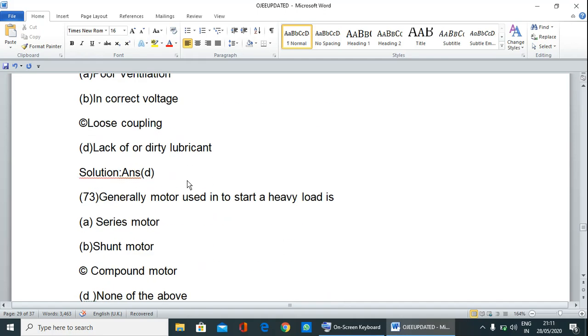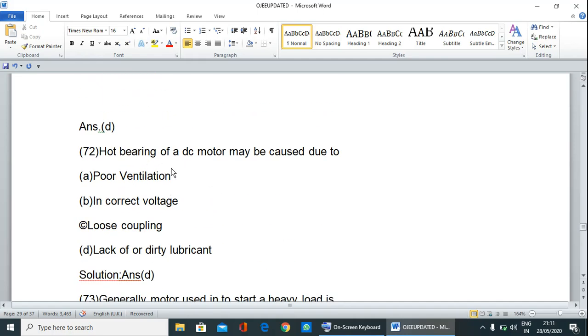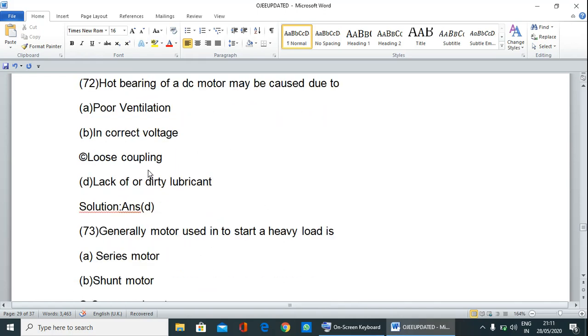So next question, hot bearing of a DC motor may be caused due to poor ventilation, incorrect voltage, loose coupling, lack of or dirty lubricant. So correct answer is D, that is lack of or dirty lubricant. Hot bearing means that is the friction.